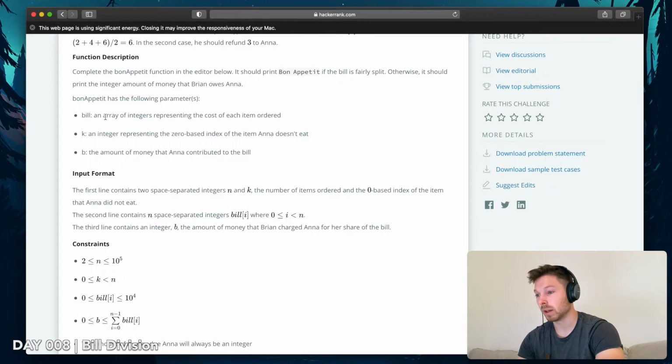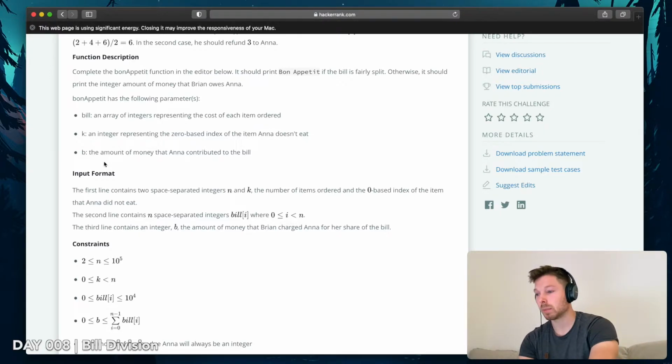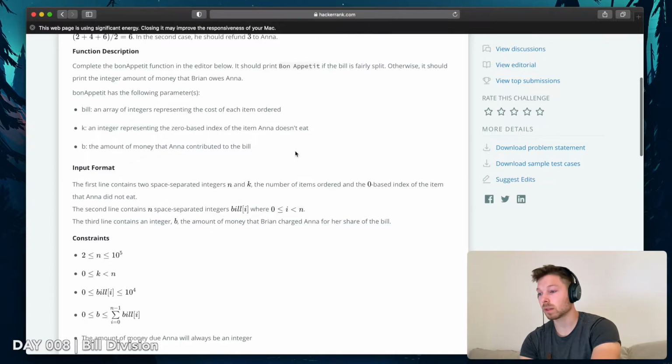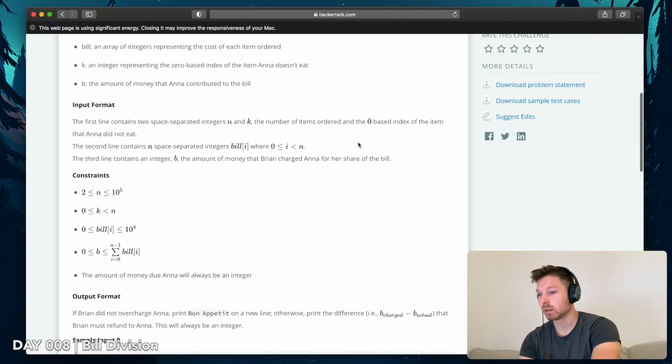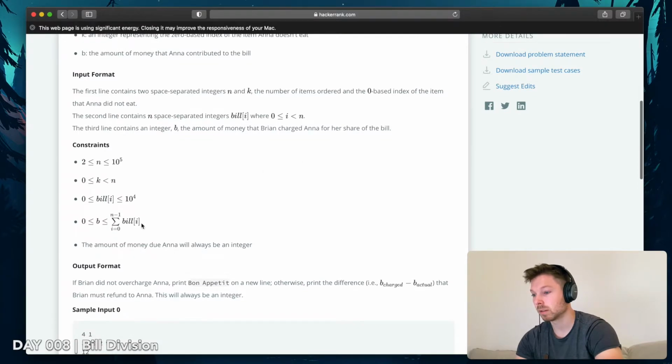Bill is an array of integers representing the cost of each item, K an integer representing the zero-based index of the item Anna doesn't eat, so it's just 1, and B the amount of money that Anna contributed to the bill. Okay, how much she contributed to the bill, and that means, I thought we were calculating it.